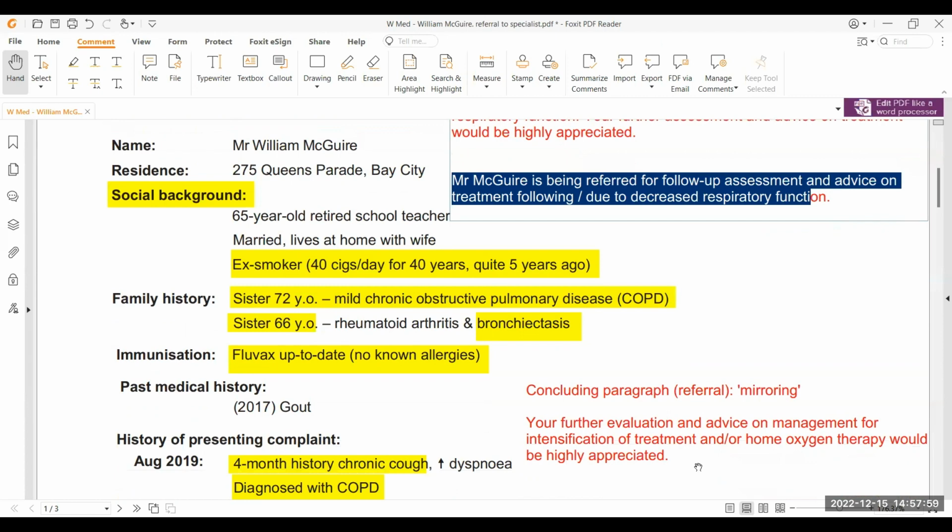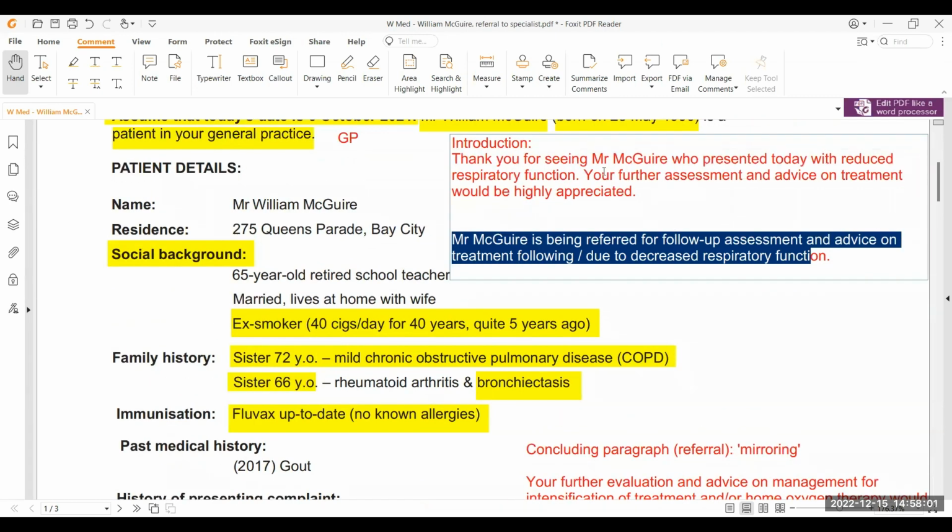Now remember you're going to mirror this part here, Dr. Josefa. So instead of further assessment, what could you use? Review as well is a sort of assessment, isn't it, doctor?